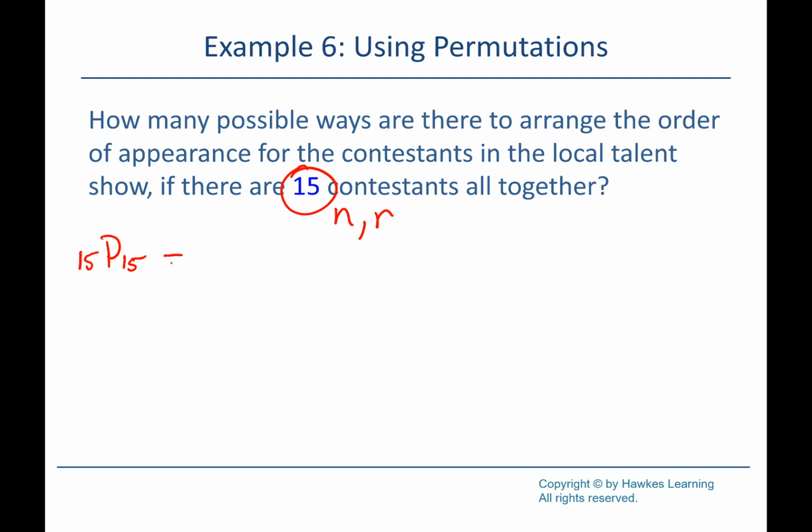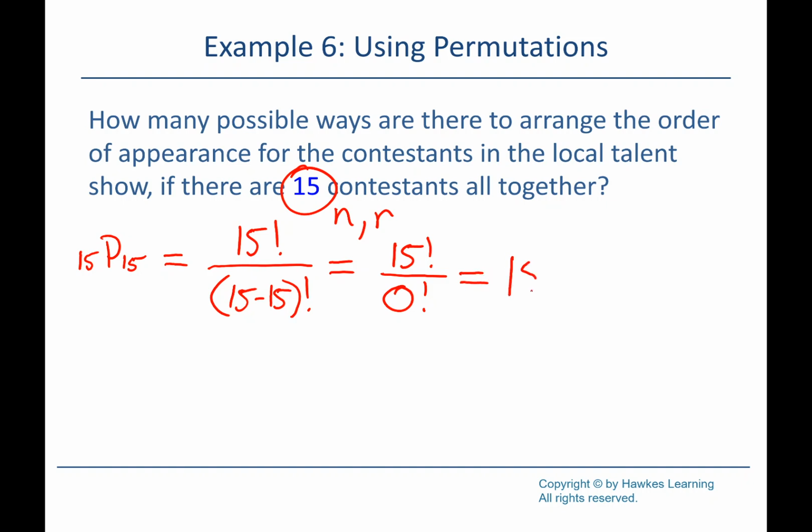So we plug into our formula, we've got 15 factorial over the bottom's n minus r factorial, so 15 minus 15 factorial. So we've got 15 factorial over 0 factorial. You remember from last time what 0 factorial is? 1. So we really just want 15 factorial.